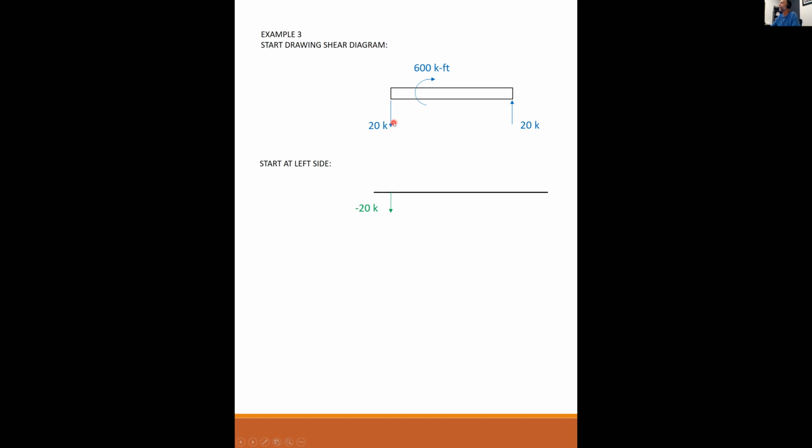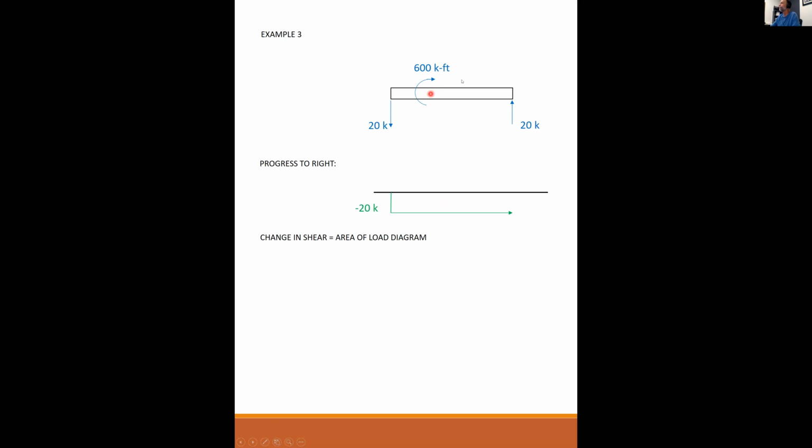Now, between the 20 kips and the applied moment, what's the applied load? 0. So the shear is constant. I kind of jumped ahead a little bit here. What is the change in load here at the 600 kip feet? There is no change in the vertical load. There is no vertical load on the loading diagram. So the shear doesn't change.